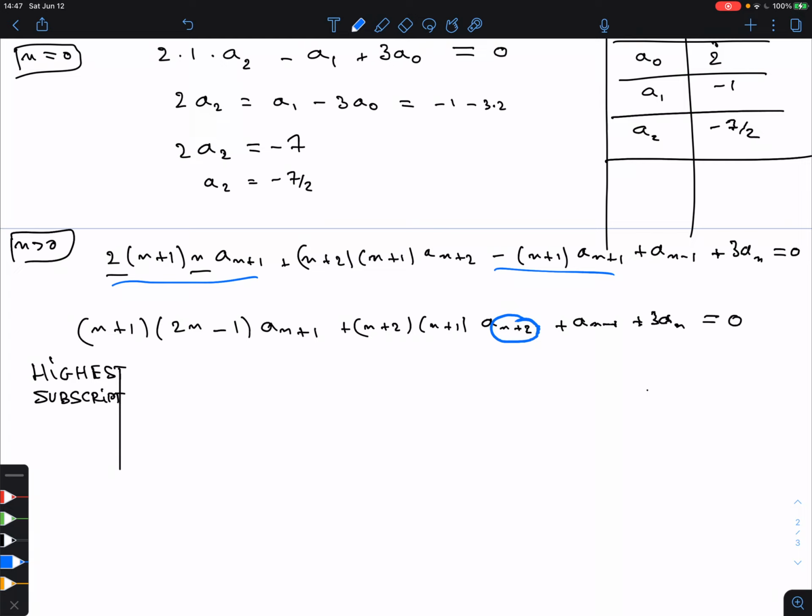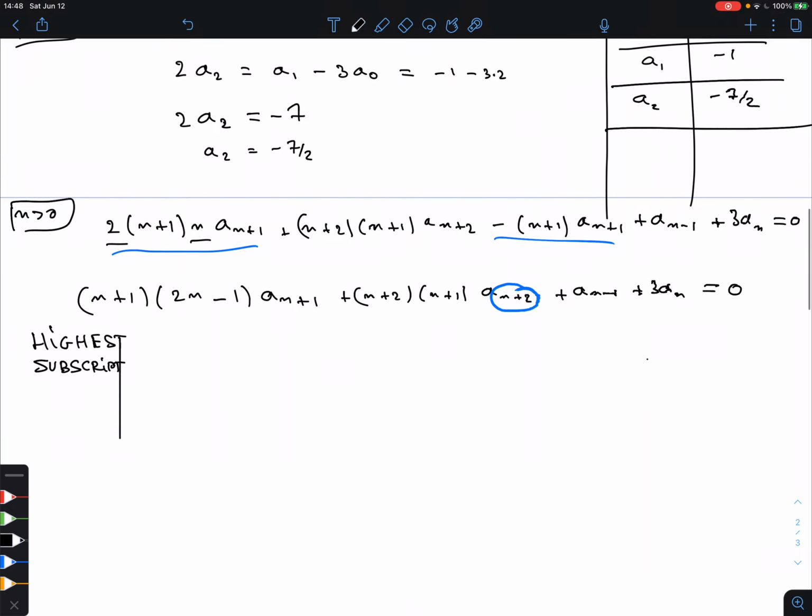Because remember, a recursion relation is a formula that says the value of this element in the sequence is given by values of lower elements, elements that come earlier in the sequence. So that's why we have to take the highest one and write it in terms of the lower ones. That's exactly what the recursion does.